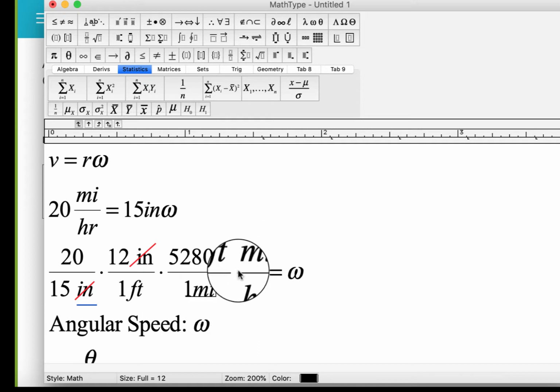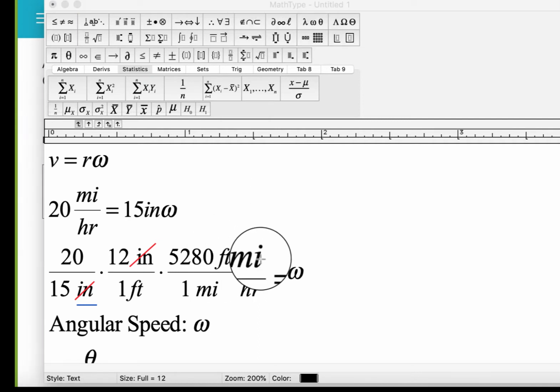Also notice I have miles in the numerator, so that's going to cancel with the miles in the denominator from the conversion of 5280 feet per mile. So I can now cancel the miles. I can cancel the feet.